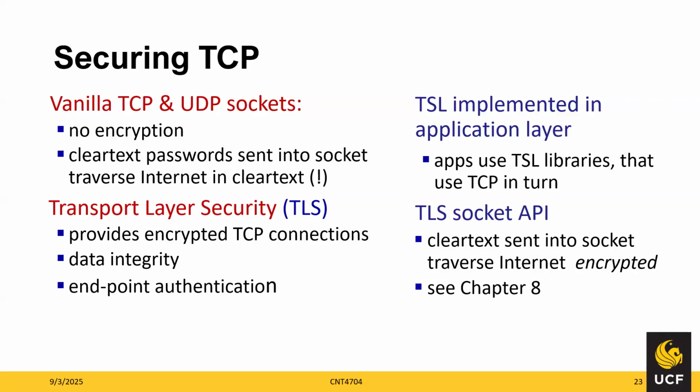Most applications today, like web browsing, email, and messaging, rely on TLS sockets. We can see that when we go to some websites: if a website has HTTPS, that means it is using TLS. If it's using HTTP, that is plain TCP, also known as vanilla TCP.